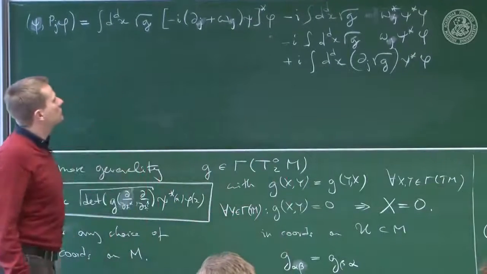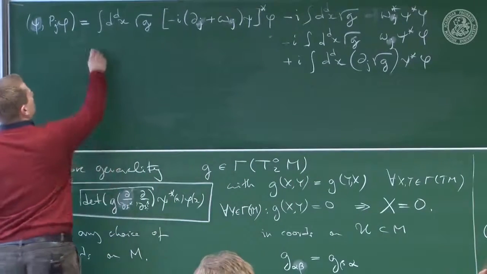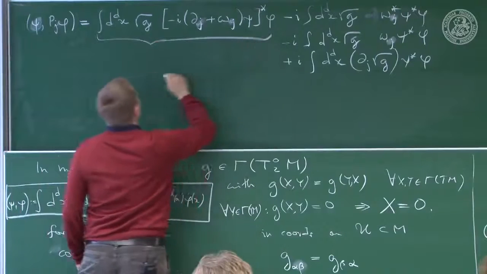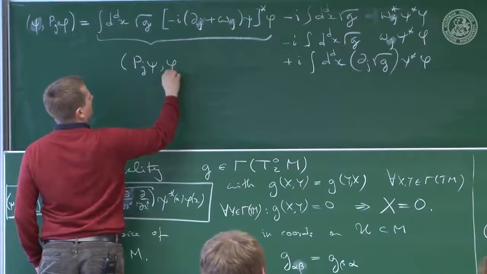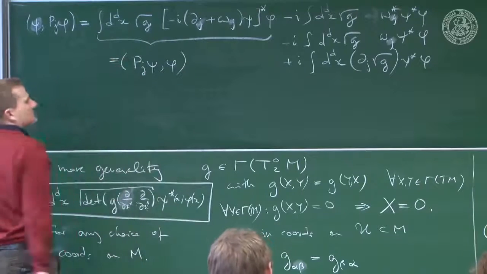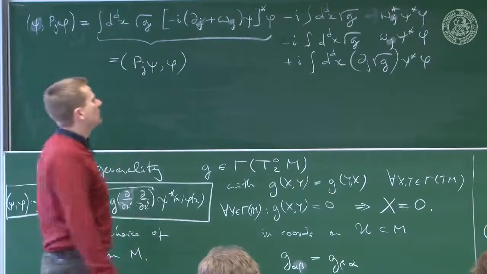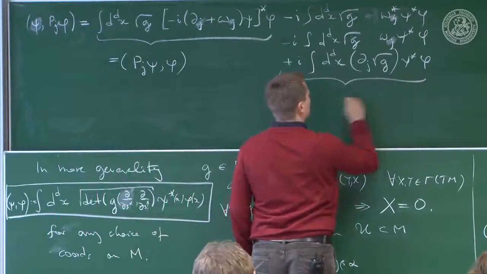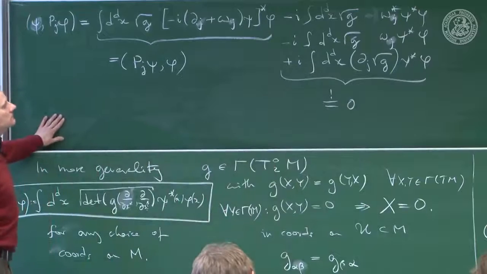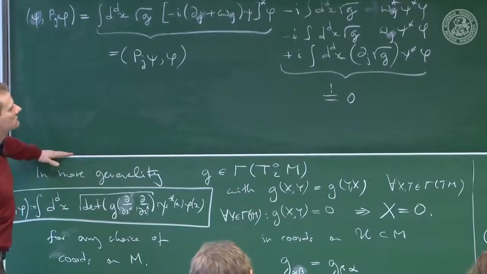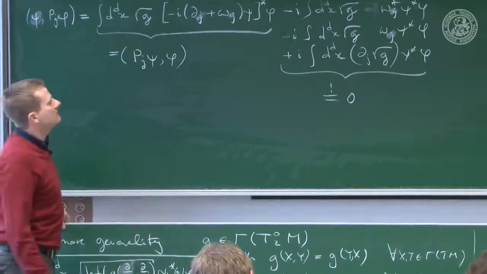Aha. So what do we conclude now? We know that this guy here is pj psi comma phi. So this is precisely what we want. So all these terms ought to cancel. So how do we get this?